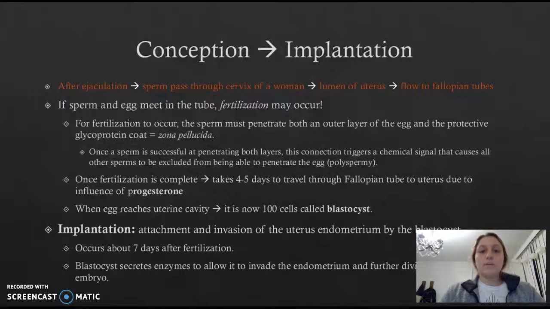So from conception to implantation, this happens after ejaculation, and the sperm can pass through the cervix of a woman into the lumen of the uterus and float to the fallopian tubes.